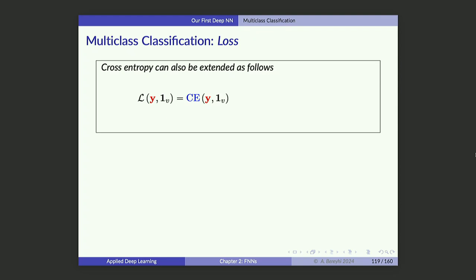What is this 1 minus v then? When this is the probability of your class being 1, this is the probability of your class being 0, right?